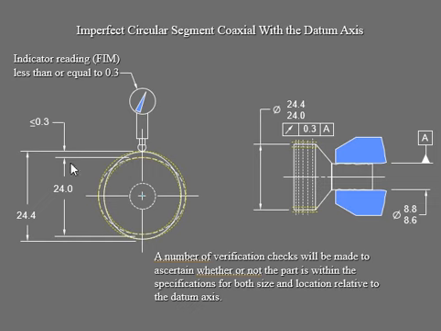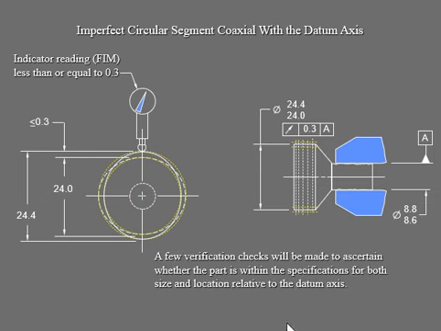All right, then we see our tolerance zone right there, and of course we're going to bring in our diameter zone. Here you can see less than or equal to 0.3, so from 24 all the way to 24.4. And of course we are going to do the verification check, and you reference your datum axis from here, and we're looking at this circular Runout of that diameter of the head.